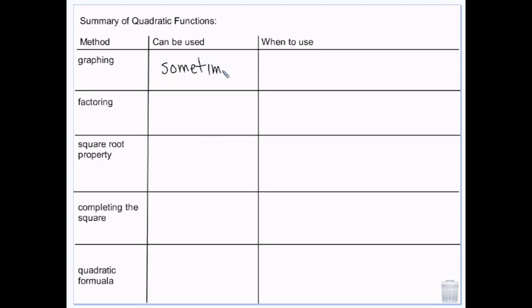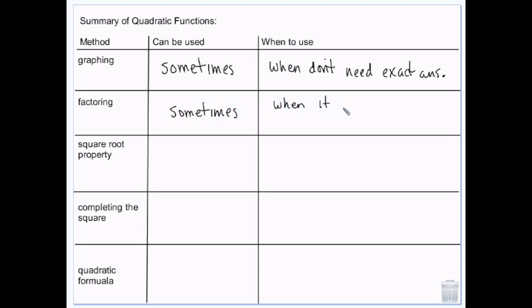Graphing can be used sometimes, when you don't need exact answers. Factoring can be used sometimes. When can you use it? When it will factor. They don't always factor.